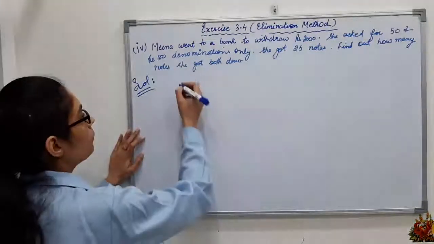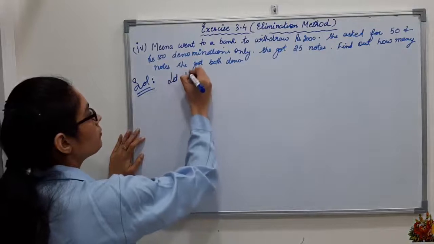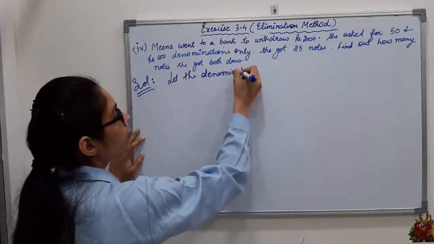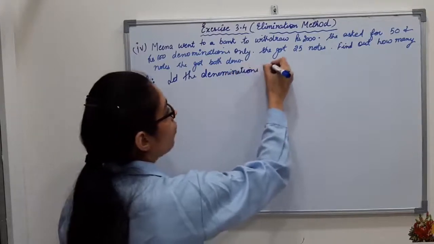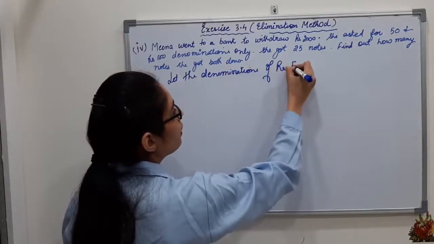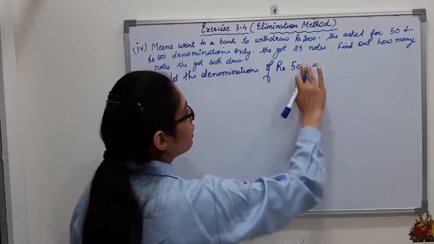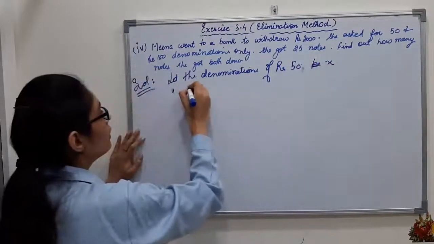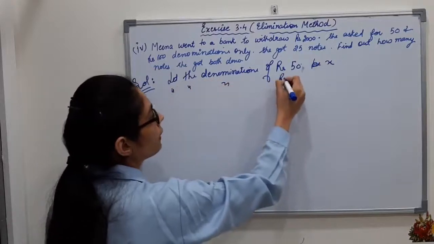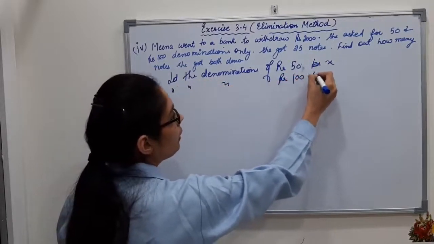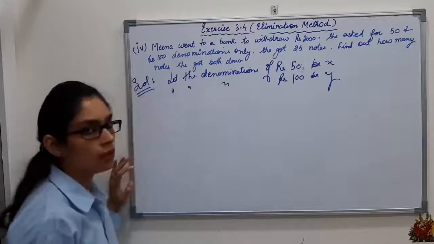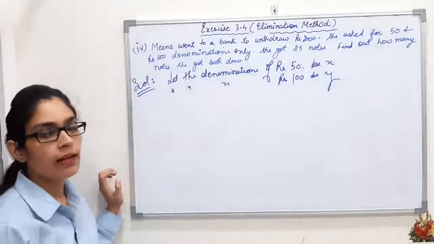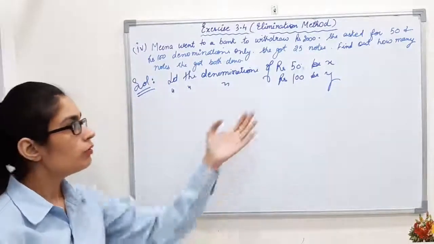So I'll assume, let the denominations of rupees 50 be x and let the denominations of rupees 100 be y. Maybe she gets 2 notes or 5 notes of rupees 50 and 5 notes of rupees 100.